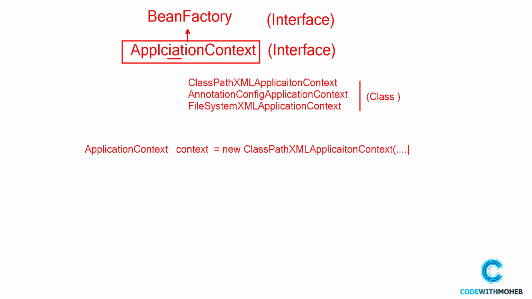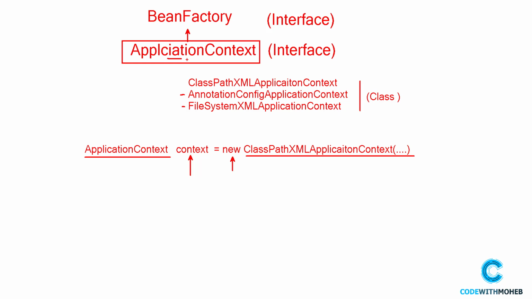The same thing we can do with annotation config application context or file system XML application context. Now you can see that this is a reference variable of type application context, but the object we are creating is of the implementation class, because it is an interface and we cannot create an object of an interface. So in Java we cannot create an object of two things: one is an interface and the next one is an abstract class.